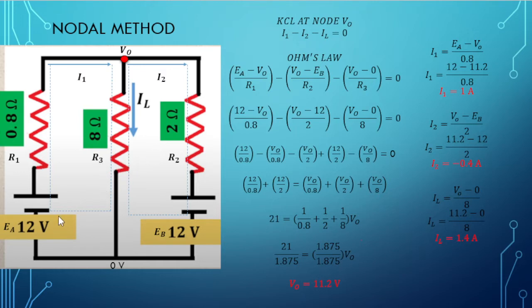So substitute the values: EA equals 12, R1 is 0.8, EB is 12, R2 is 2, then R3 is 8.